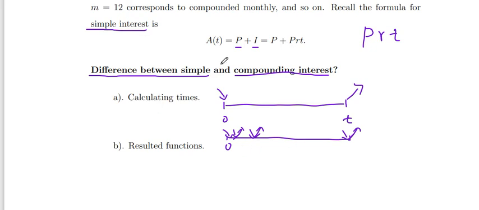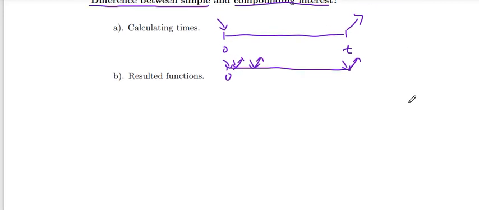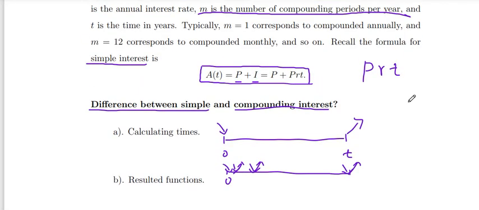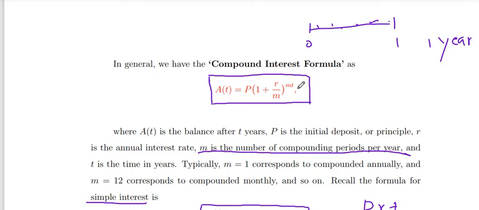So as a function, we say like this one, the simple interest formula, as a function of t is a polynomial function. Okay, and so for the compound interest formula, as a function of t, this is an exponential function.